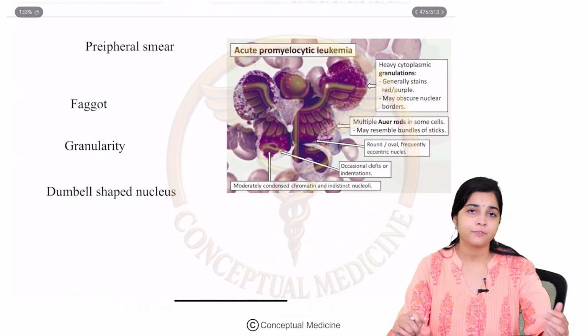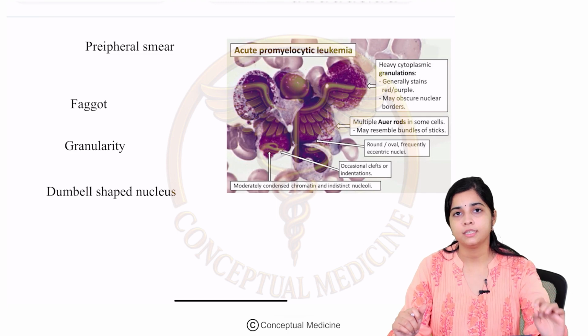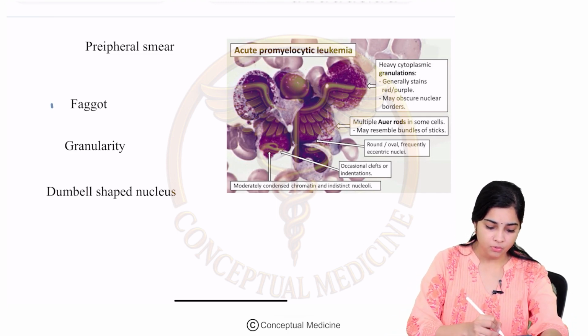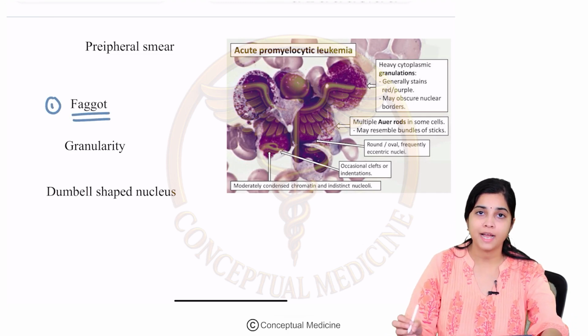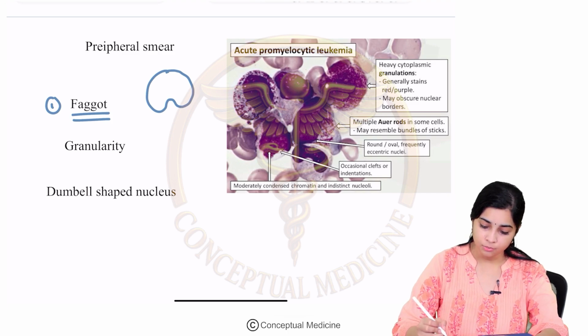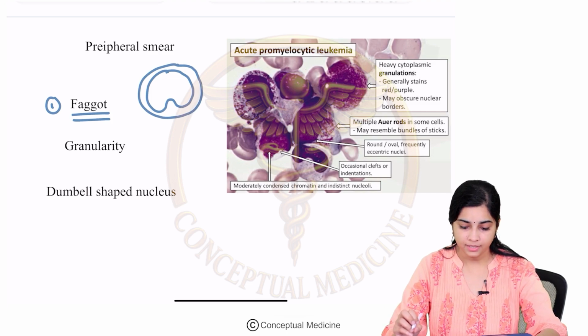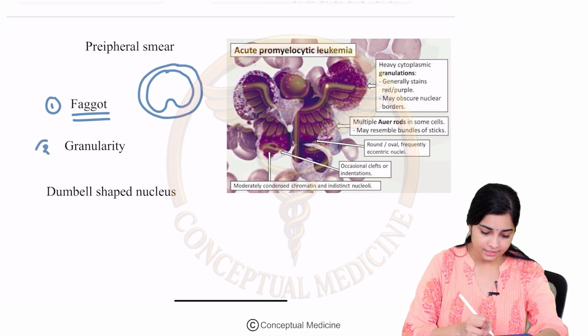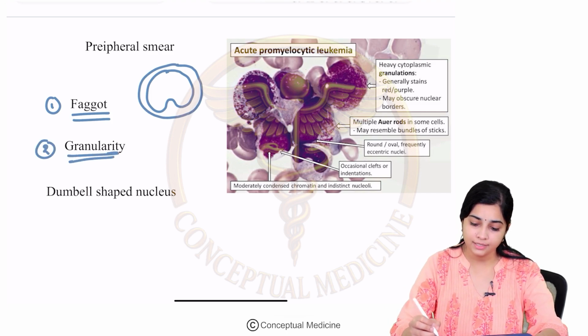Now, when you do the peripheral smears, there are certain noteworthy features which you have to remember. So, one is the presence of these fagot cells. Fagot cells are basically large bilobed nuclei or buttock-shaped nuclei which are found within the cell, right? Apart from that, second is there is a large amount of granularity. Can you see here?